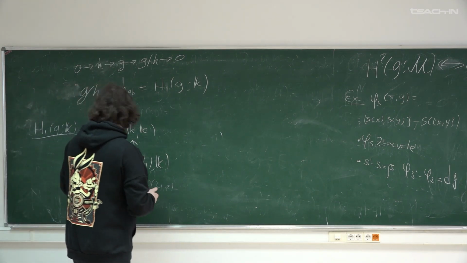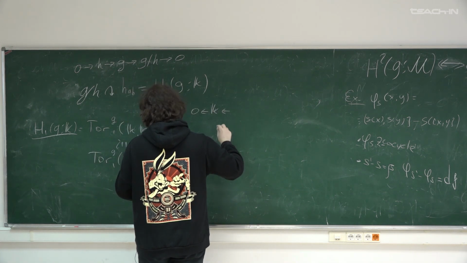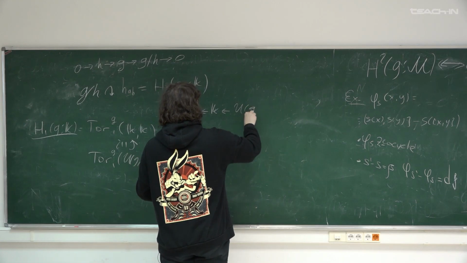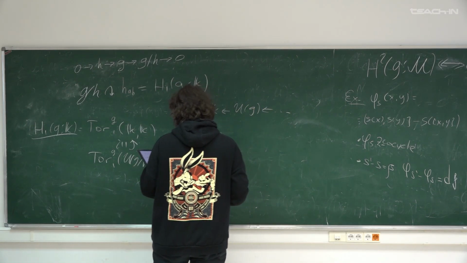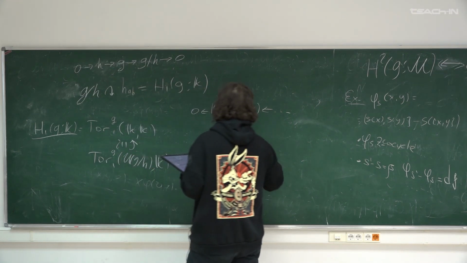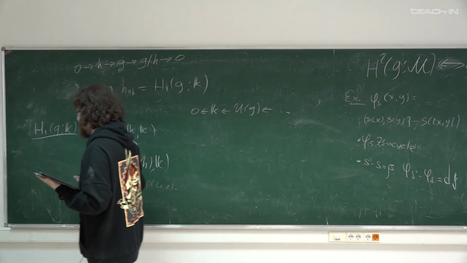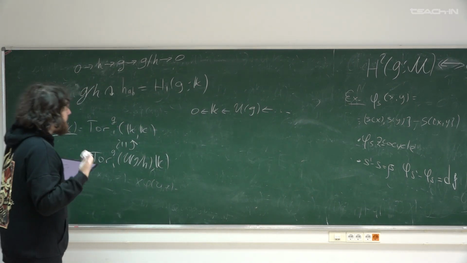And why is this isomorphism true? This is as for groups. Again, consider a free resolution of K over UG. Now just notice that if it's a free resolution over UG, then it's also a free resolution over UH, because UG is also a free UH module, as we said before.